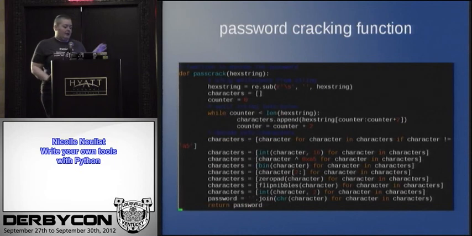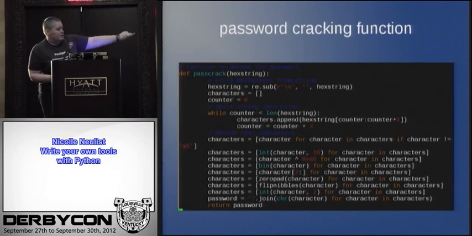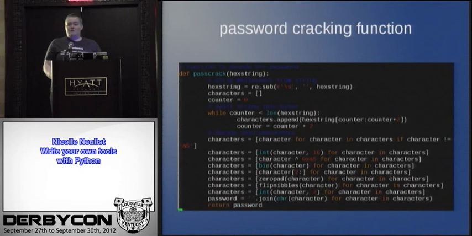Then, while it iterates over the characters in that, puts it into bytes. It takes the string, makes it a list of hex bytes. And then all of those characters, that's just going through and reversing that cruddy encryption of the password.